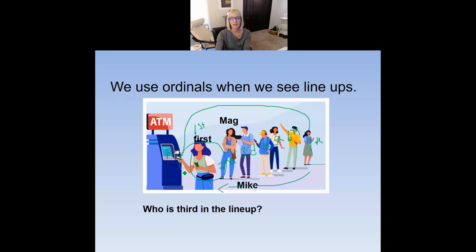This lady is first. Meg is second. Who is third in the lineup? Well, Mike is third. A lineup means all these people are gonna go before this girl.